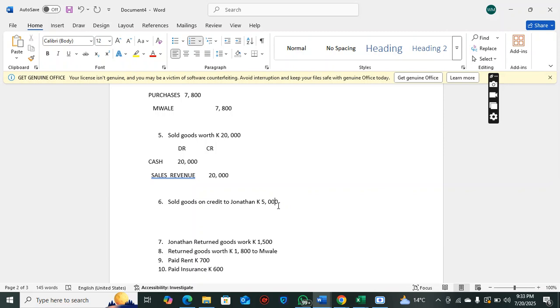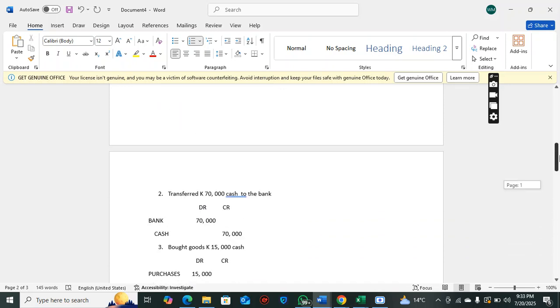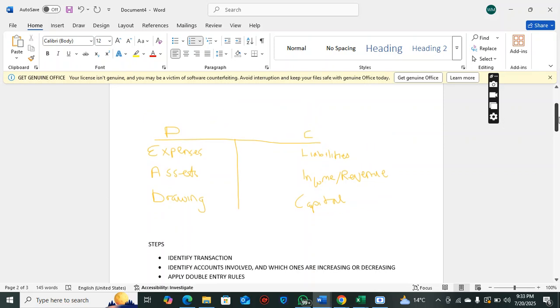Then revenue is also increasing. So we come back to the double entry rules. Jonathan, who is an asset, who is a debtor, increase in an asset, we debit Jonathan. Revenue, increase in revenue, we're going to credit revenue according to the double entry rules.